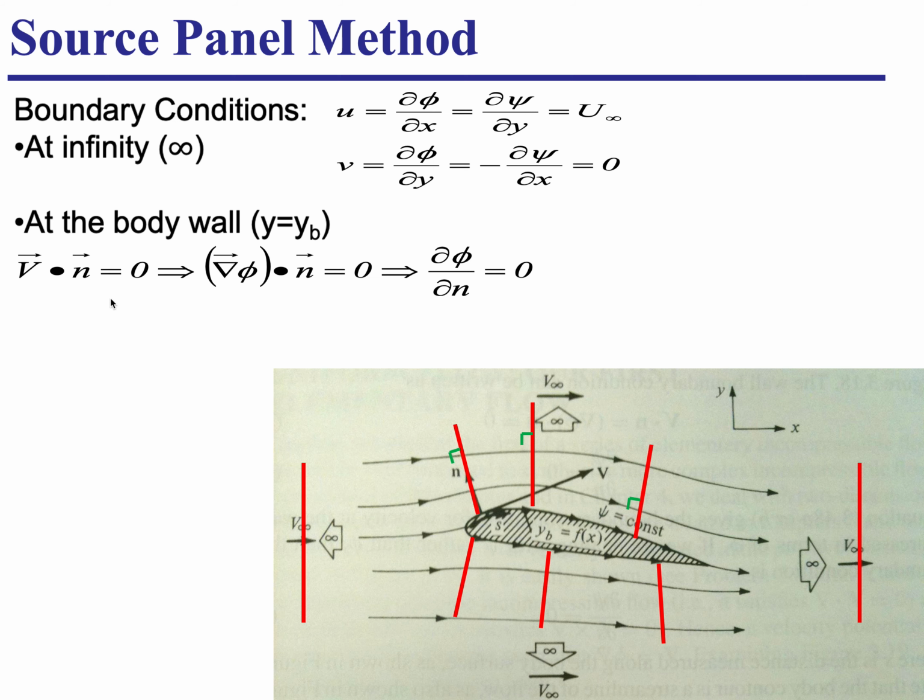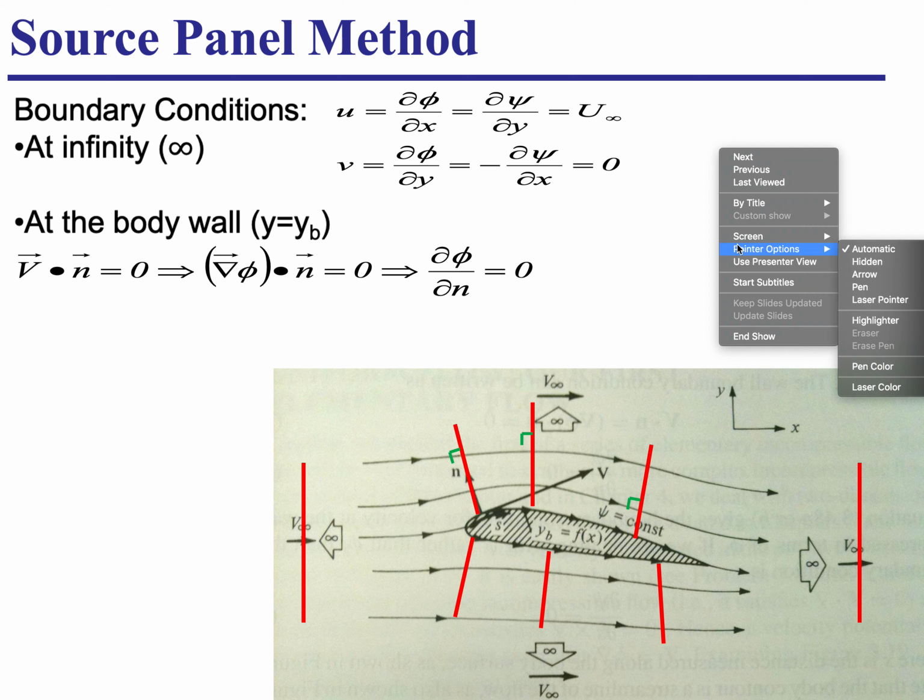So this is the description that tells us that there can be no normal velocity perpendicular to any point on the airfoil or on our object that we're studying, and the velocity is related to the velocity potential.